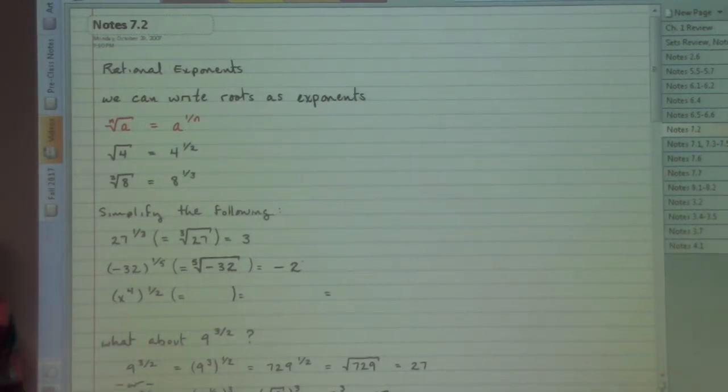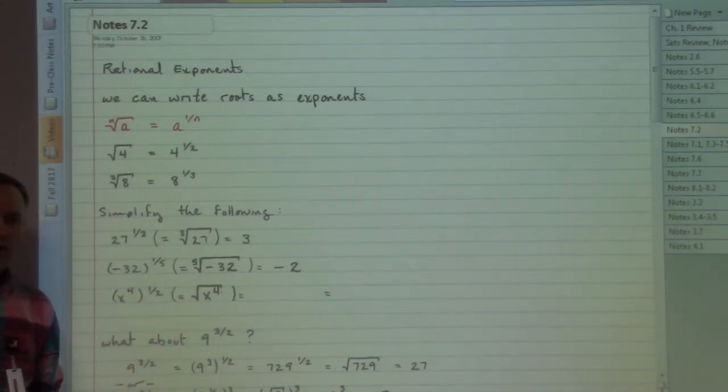Now for something that's got a variable in it where we can try to bring in those other rules for exponents that we have, very quick comment here, because that power that we see outside the parentheses has a denominator of 2, that means that we are coming back again to the square root, the ever popular square root. And so officially speaking, as a root, this would be the square root of x to the power of 4.